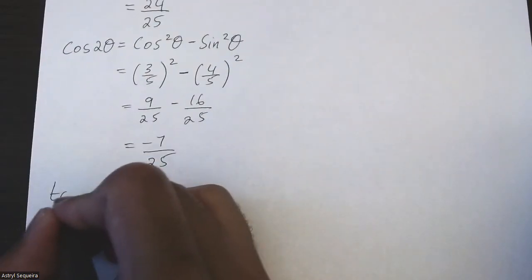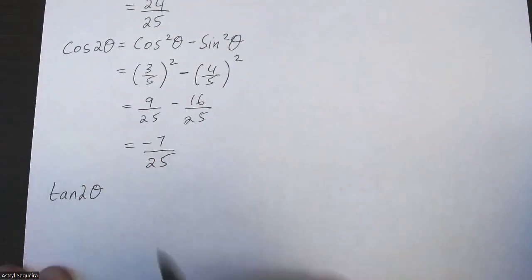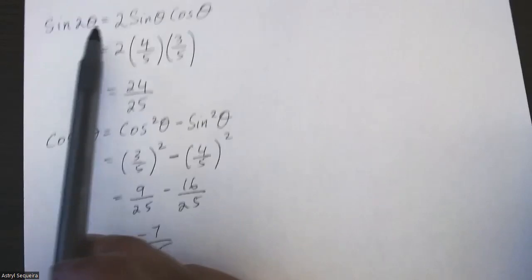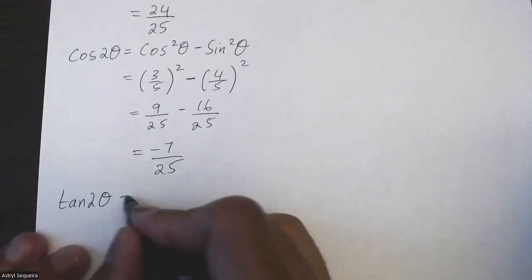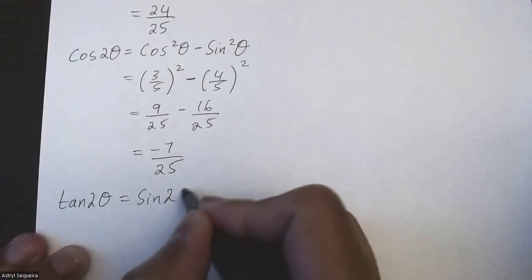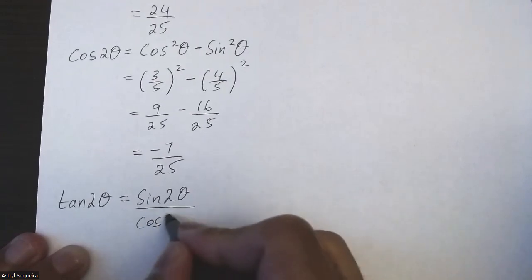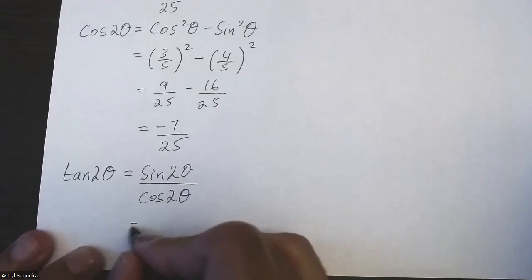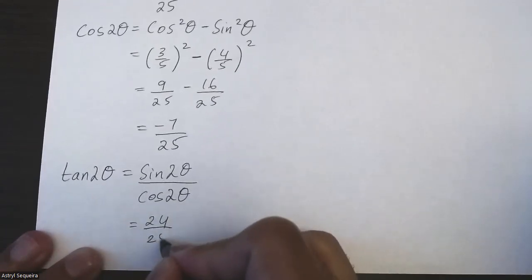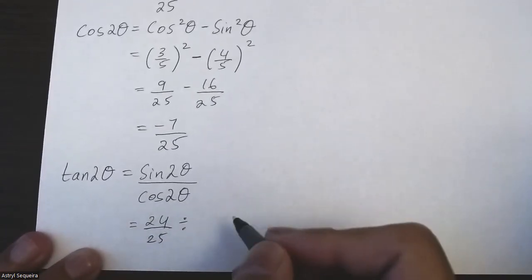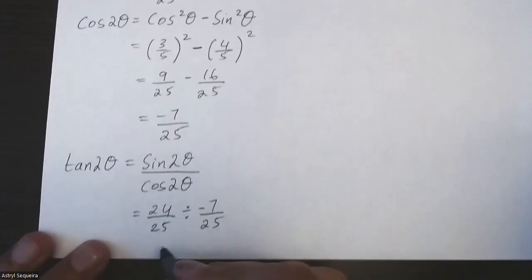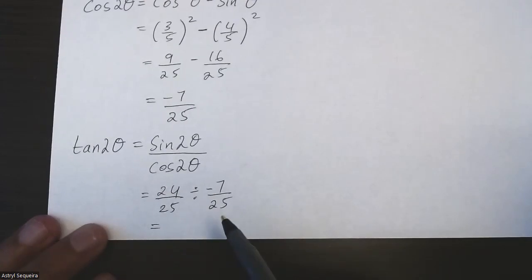For tan 2 theta, you can use the formula for tan as well. You'll get the same answer. But what's actually simpler to do is to just do sine 2 theta divided by cos 2 theta, because we already have those two. So a quicker way to do tan. So that's just 24 over 25 divided by negative 7 over 25, which again, you can do in your calculator, or you can do this mentally as well.